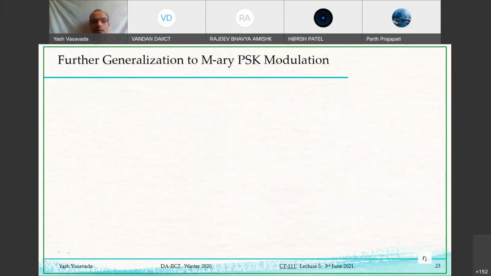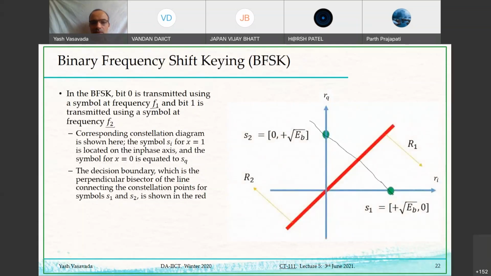Sir, what do you mean by perpendicular frequency? Yeah, so this is frequency F1. This is frequency F2. If your question is how can I draw these two frequencies perpendicular to each other, again, park your question, okay?